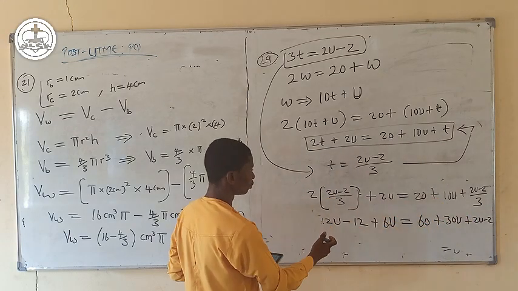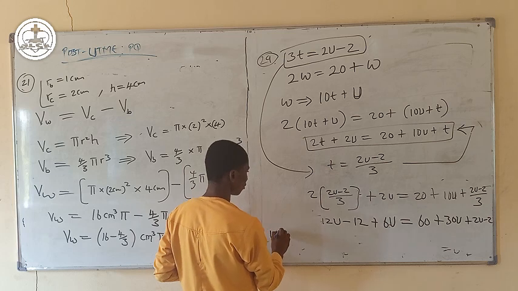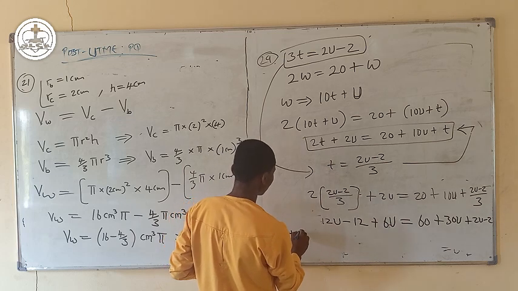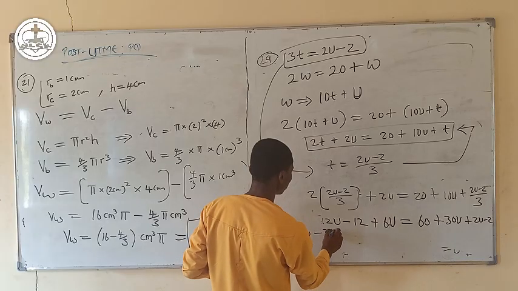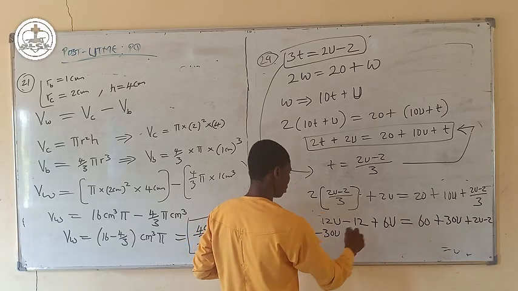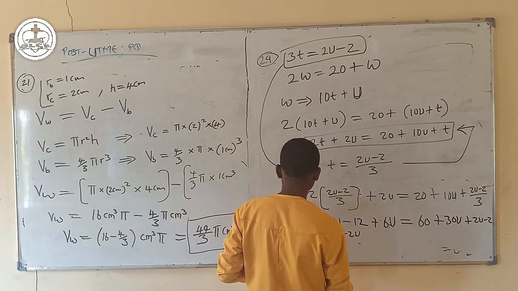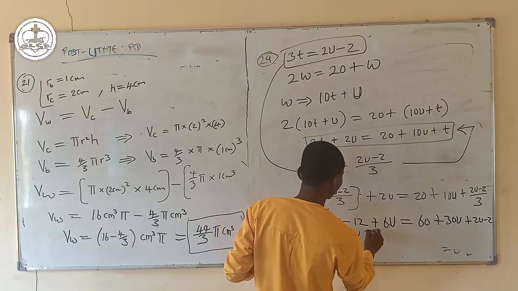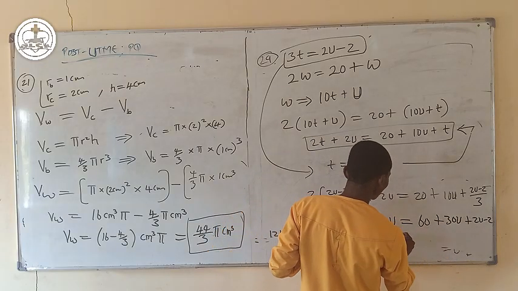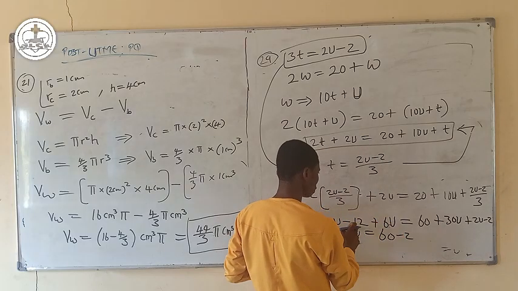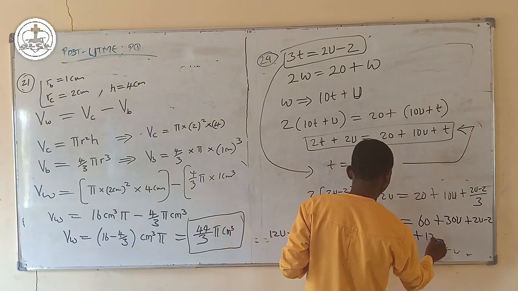So we have to make u the subject here. We have 12u plus 6u minus 30u minus 2u is equal to 60 minus 2, and we have minus 12 here, taking it to the other side to be plus 12.